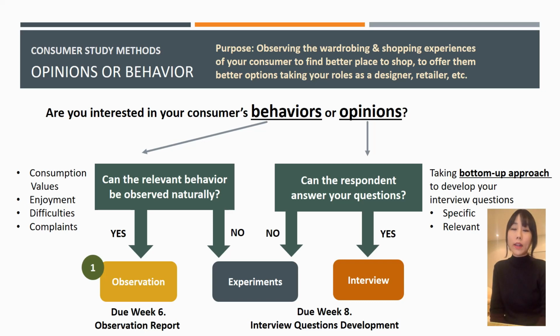Okay, so that is why we're taking this bottom-up approach: to observe your consumers, to witness what they want and what they really need in their consumption process while they're choosing their clothes. So it is your role. In the first process, we have taken our roles as designers, retailers, creators, journalists, and any roles you might think of.